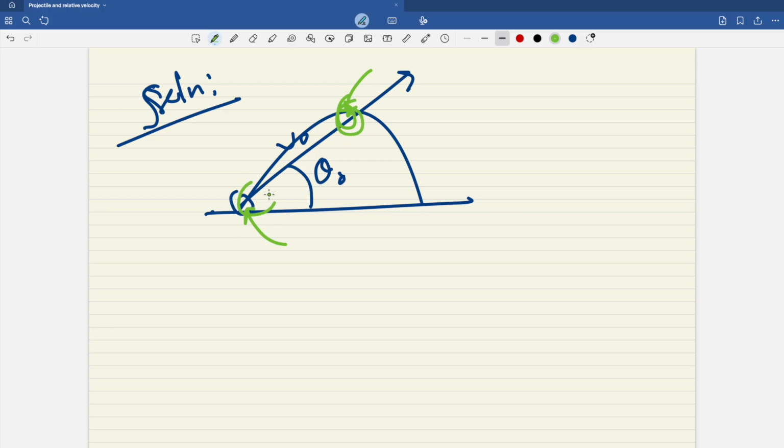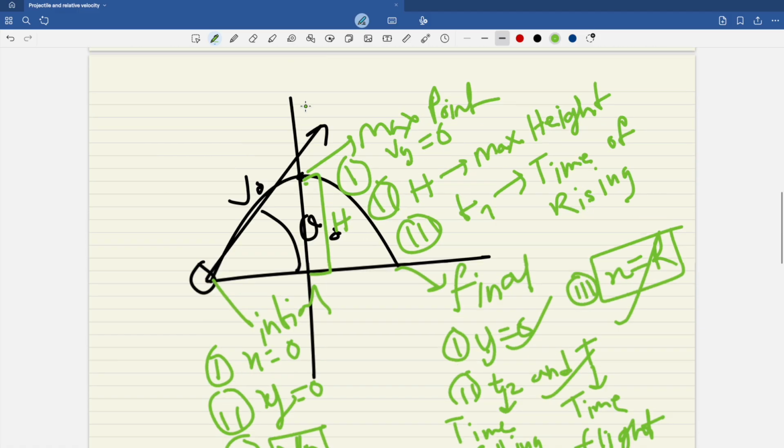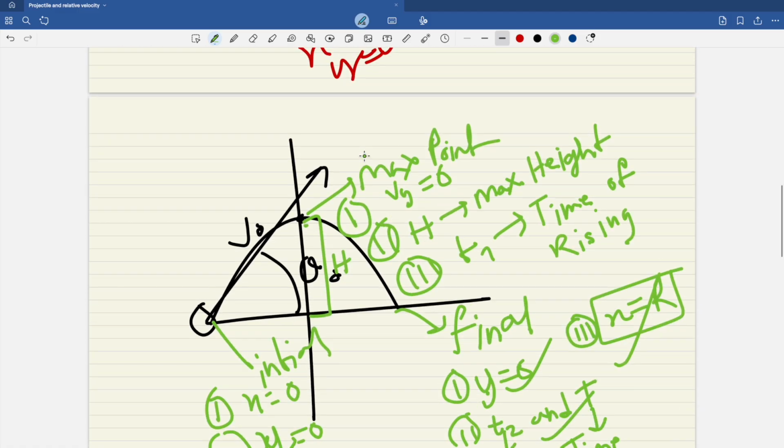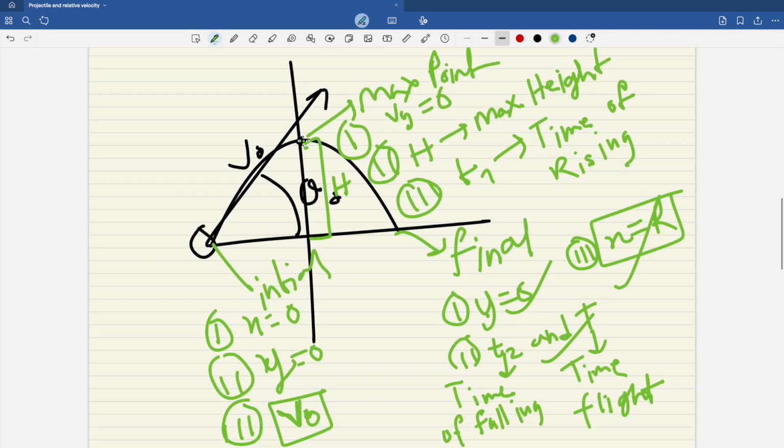At the maximum point, this is the final point. What we had seen before was that we got the time of rising, T1, at the maximum point.